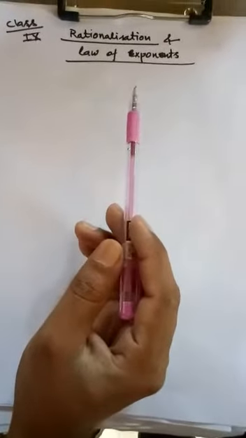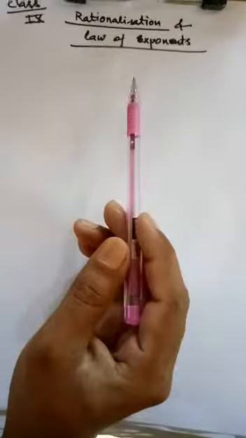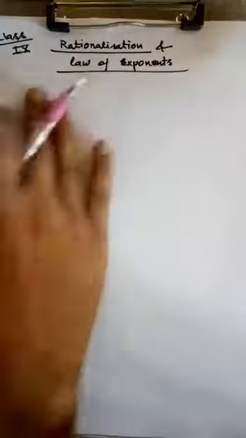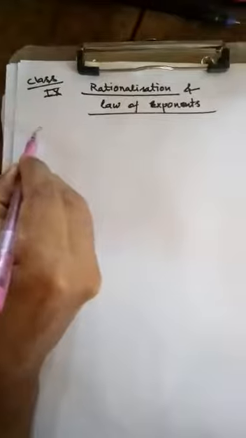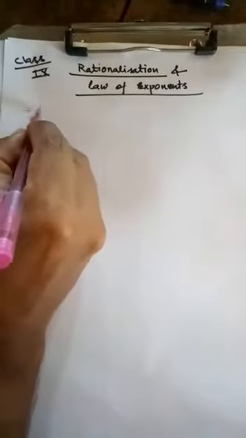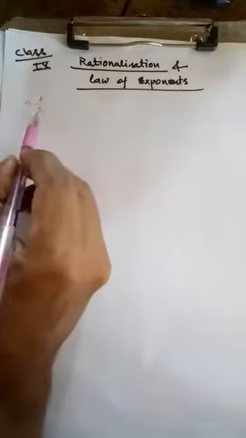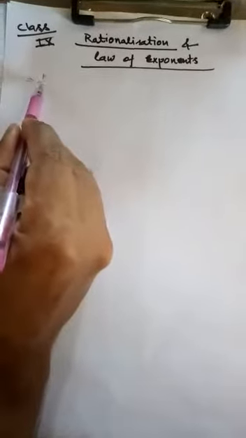So rationalization, in the NCERT book, there are a few things which we have to learn. First, rationalization: if we have a rational number p upon q, and q is our denominator.